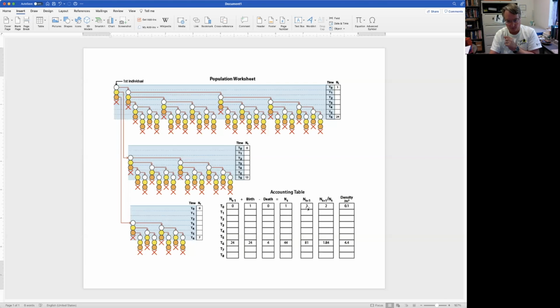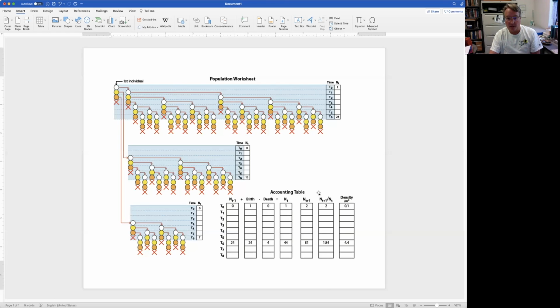That's where this 2 comes from. This 2 basically comes from this box right here. So we figured this out, we got a value of 2. This 2 is going to go up here. Same idea here. What's going in this box here basically was the population size at t2. That value is going to go here, and so on all the way down.